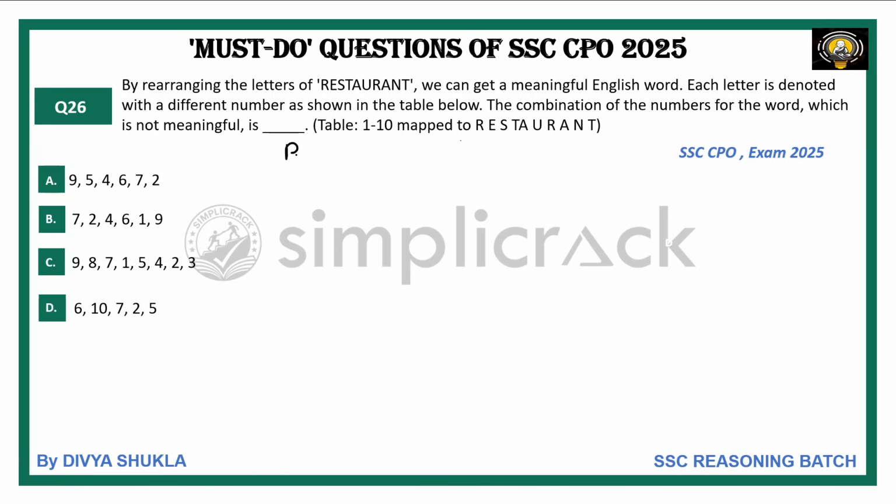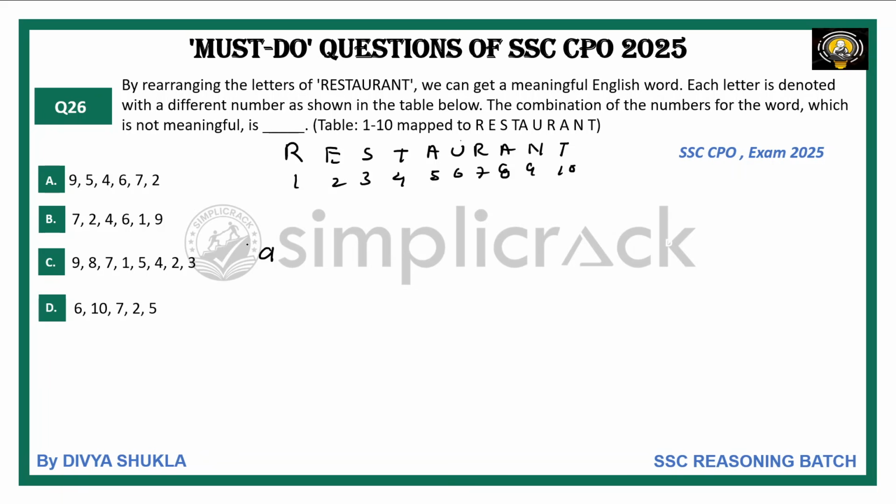I have R E S T A U R A N T, which is mapped like 1 2 3 4 5 6 7 8 9 and 10. This table was given to you in the examination.